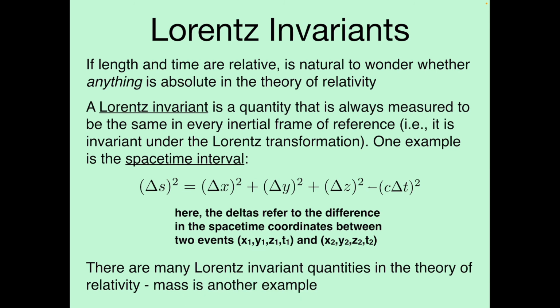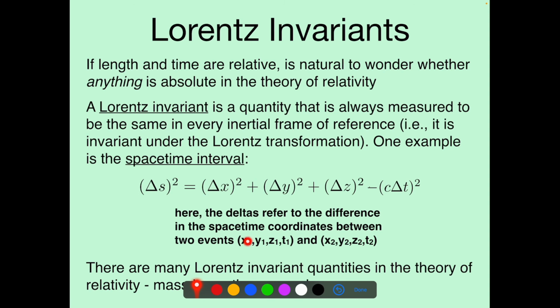The definition of the space-time interval, delta S, is the following. Delta S squared is equal to delta x squared plus delta y squared plus delta z squared, and then minus c times delta t squared. This is what defines a space-time interval. All of these deltas refer to a difference in the space-time coordinates between two events.